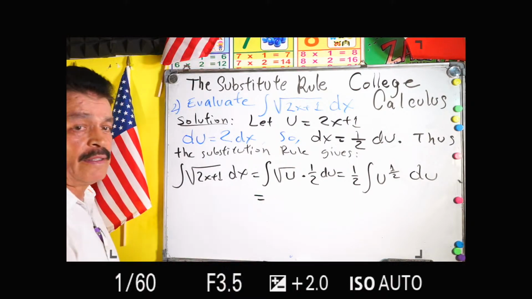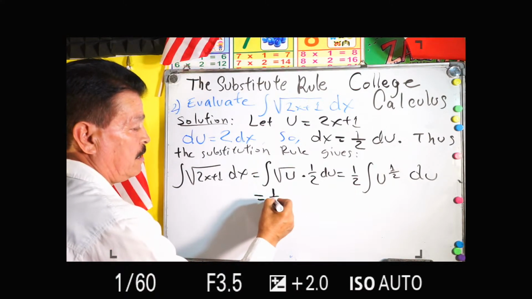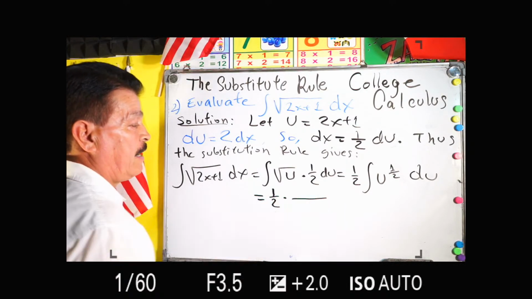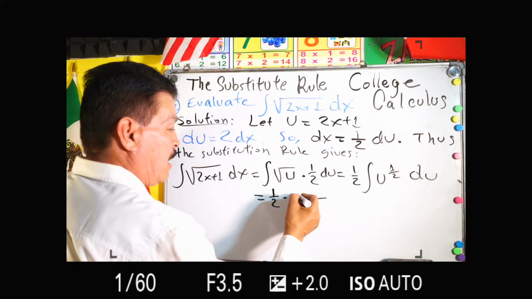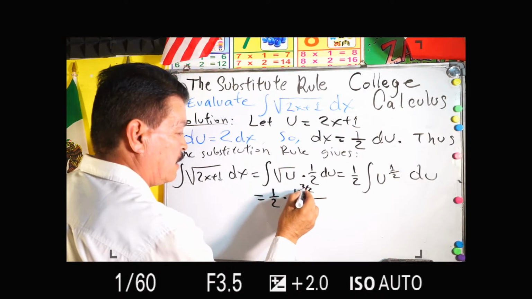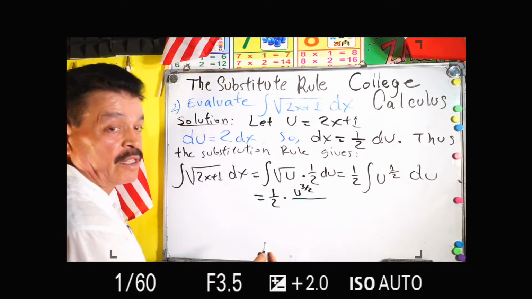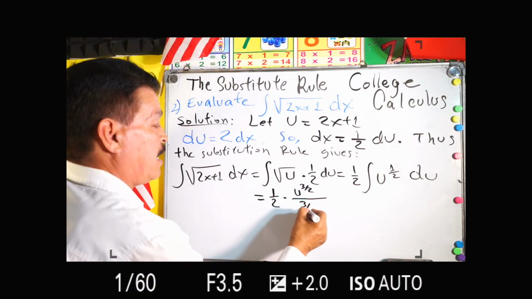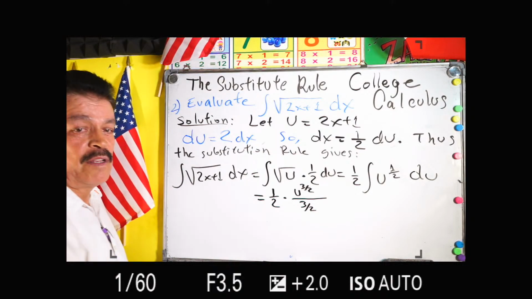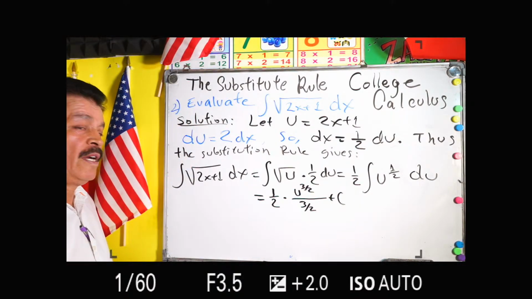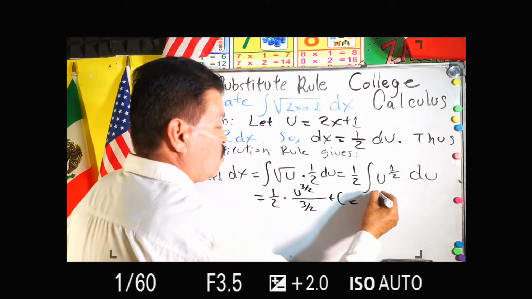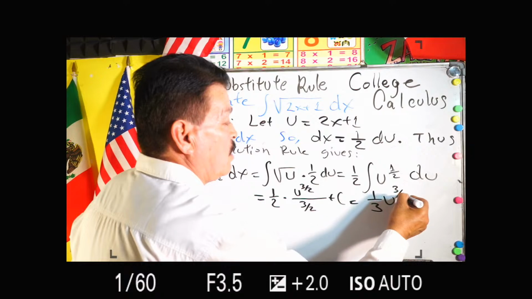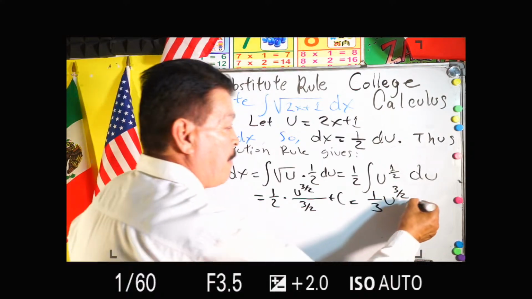Now what is easy from here: it equals 1/2 times u to the 3/2 power divided by 3/2 plus c. Then this equals 1/3 u to the 3/2 power plus c.